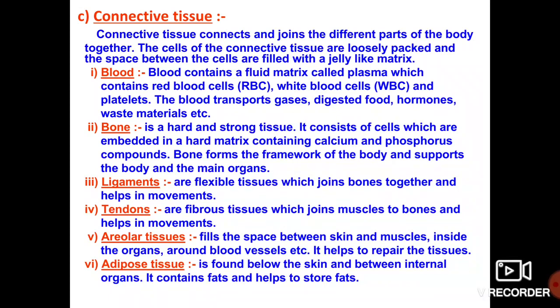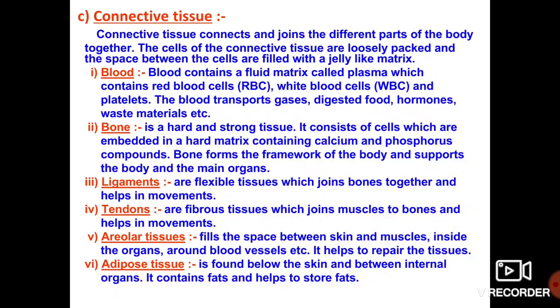Apart from this, one more very important tissue is called areolar tissue, as well as adipose tissue. What is the main function of areolar tissue and where is it present? See, dear students, this areolar tissue is found inside the organs like blood vessels, muscles and nerves, and it is also very helpful in binding the skin with underlying parts.